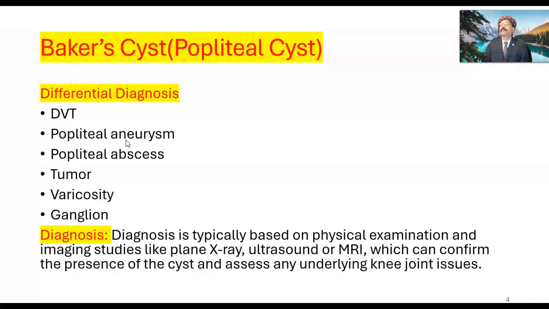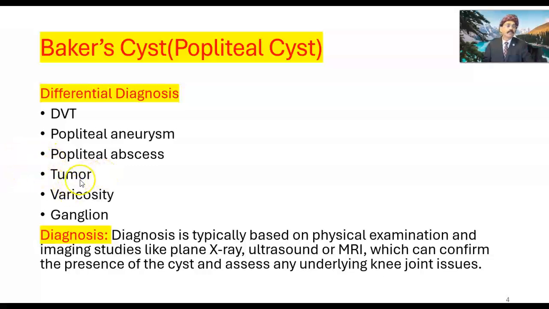The popliteal vessel in the popliteal fossa may have abnormal dilation. Popliteal abscess due to aneurysm, and it may be any bacteria that leads to a popliteal abscess. Tumor, any type of tumor, may be benign like a lipoma, because a lot of fatty tissue is present there. There may be osteoma, there may be chondroma.